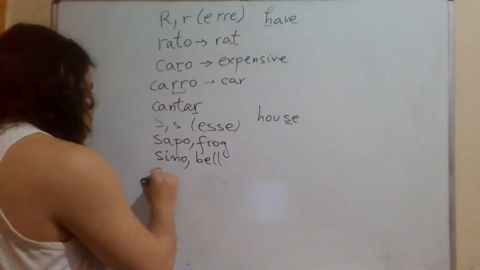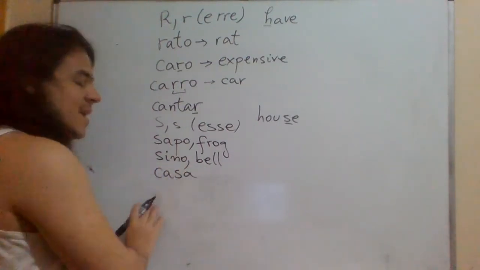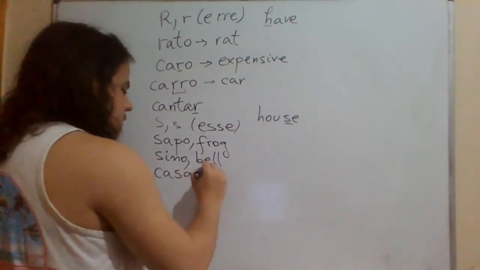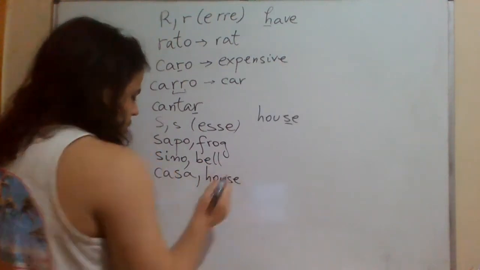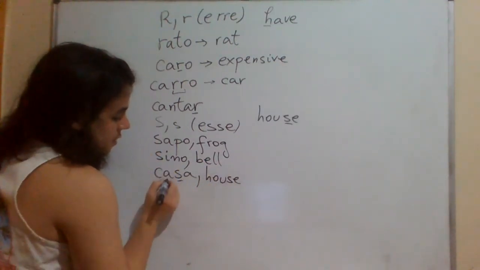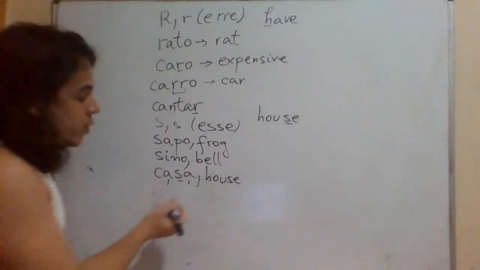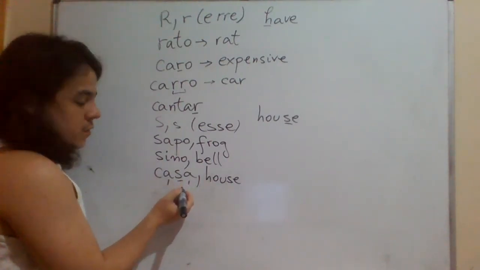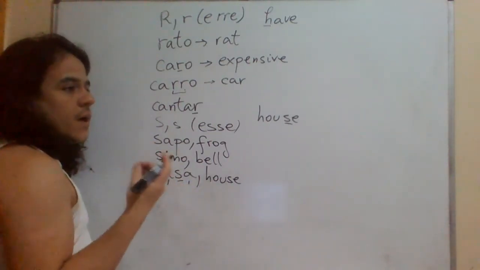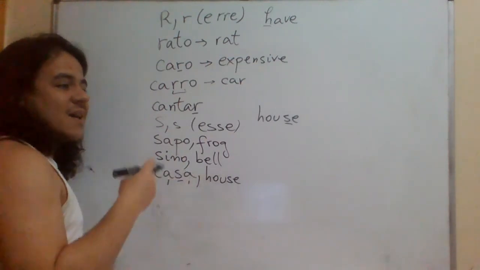For example, here, casa, it means house. So we have letter S between two vowels. So this letter S will have the sound of Z, casa.